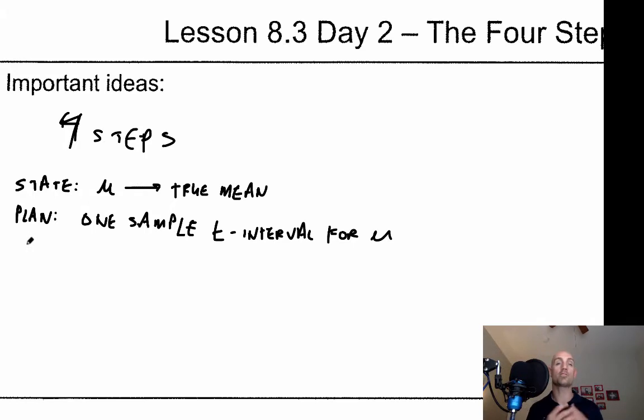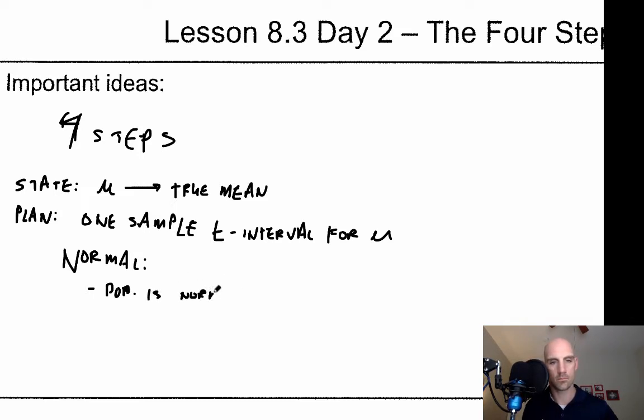And what we're going to be doing is assessing, obviously, our conditions, but the normality of the situation. And if you recall, what we've talked about before is when we're dealing with means, we can look at our distribution and do a couple of different things. Either our population is normal, or we can use our central limit theorem where our n is greater than or equal to 30.